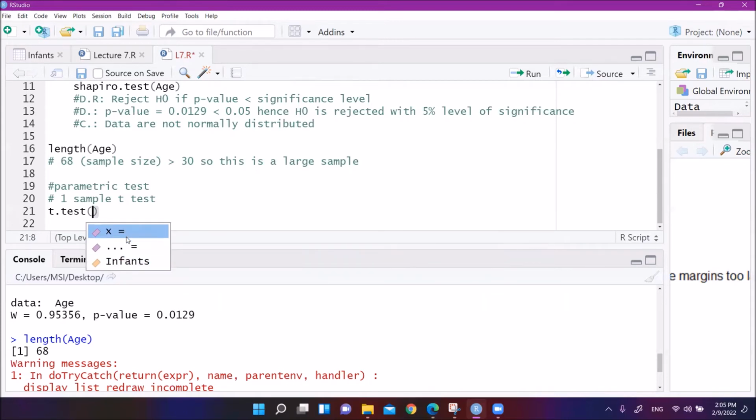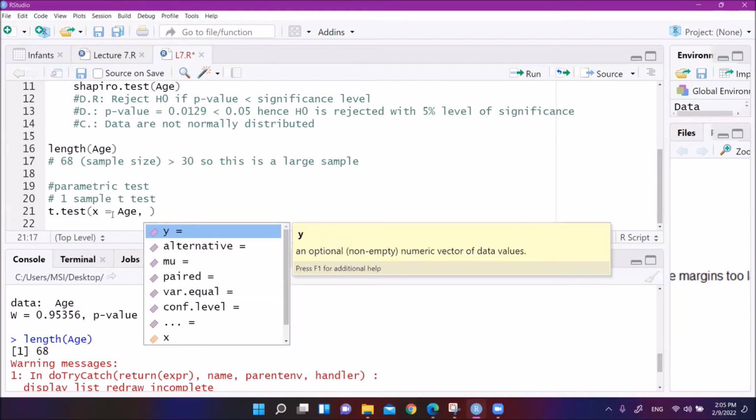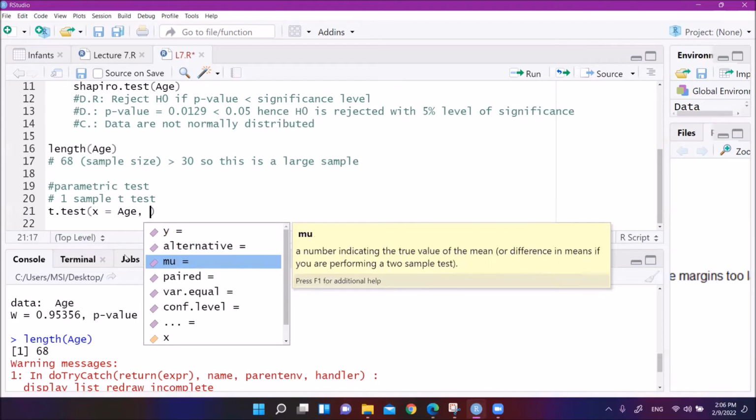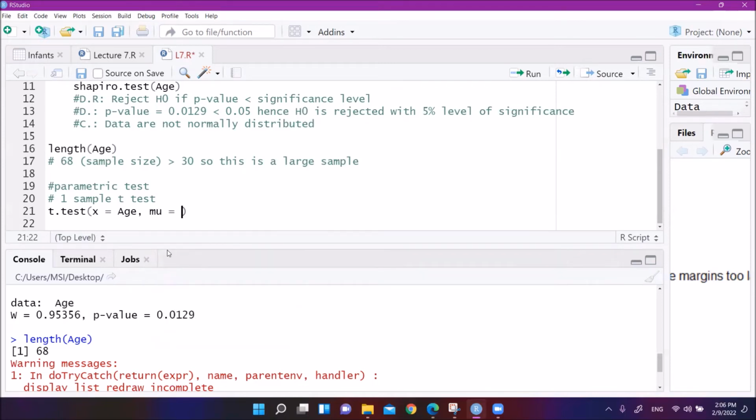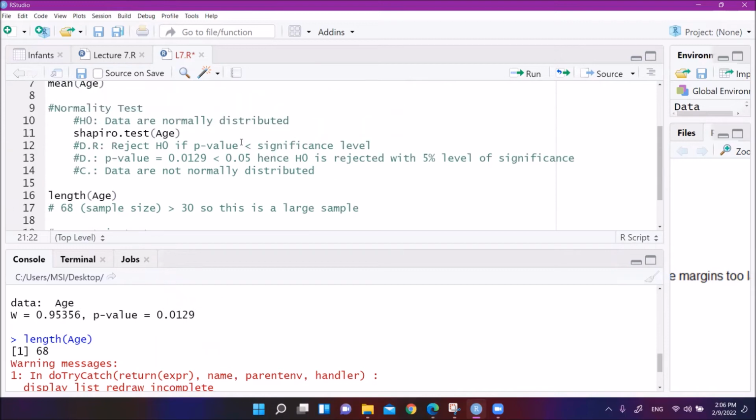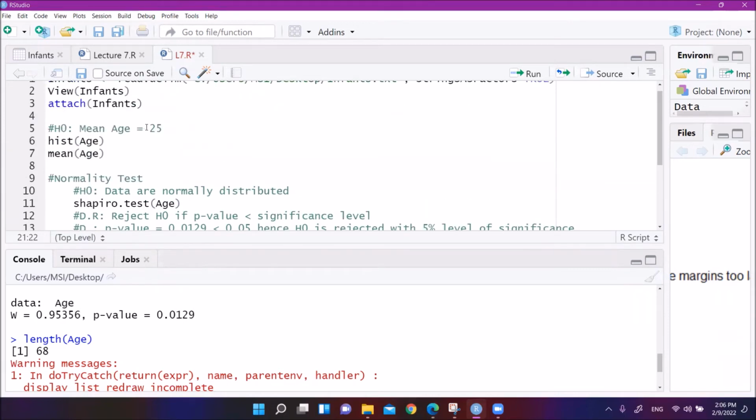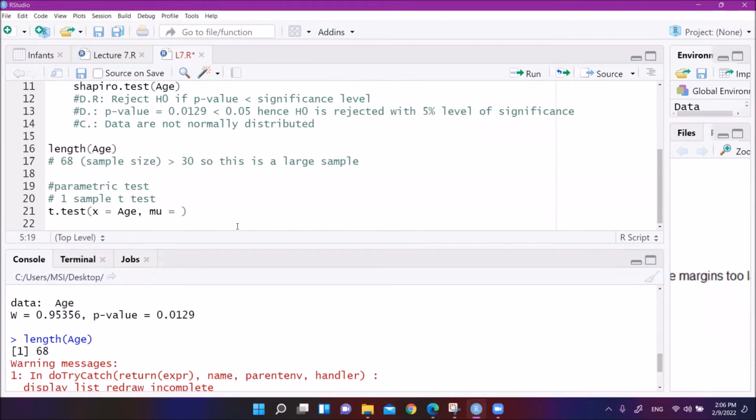You get all these arguments, right? So x is basically the data. Just because this is a one sample test, you don't have two samples, so you are not giving this y. mu is the mean, basically the hypothesized value here, so that we are checking it against 25.